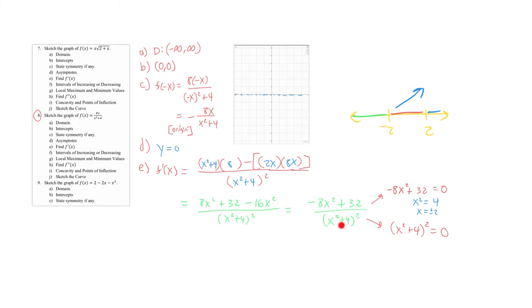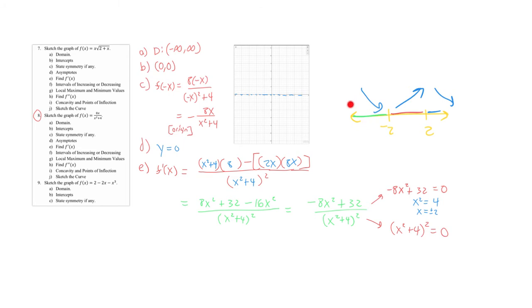So that's going to be a negative over a positive, therefore the whole thing is going to be negative, so it goes negative there. With regards to this section here, if we tried out negative 3, that would once again result in that negative number up here, negative 72 plus 32. So that's a negative number up here over a positive number down below. So that would also be a negative decreasing scenario.